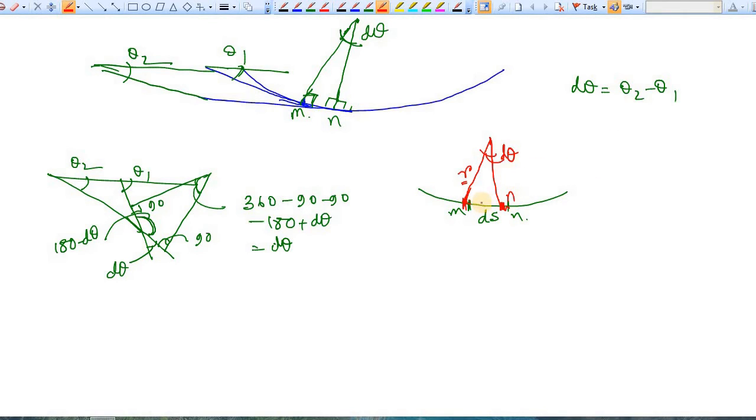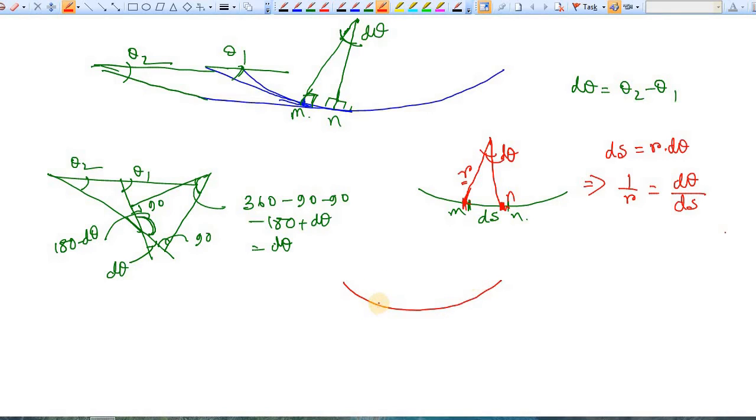We can say that this curve ds is nothing but r times d theta. Clear? So from here we can say that 1 by r is equal to d theta by ds.